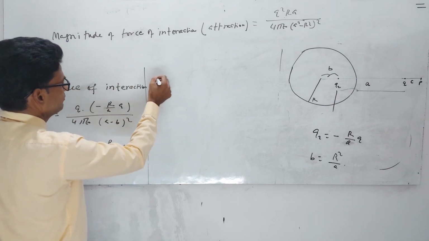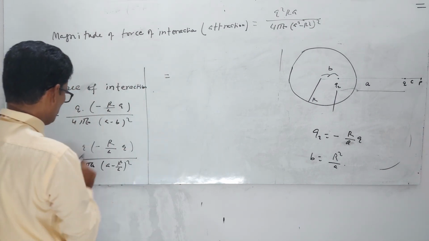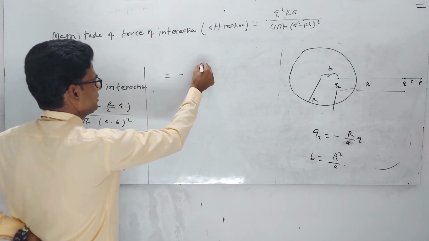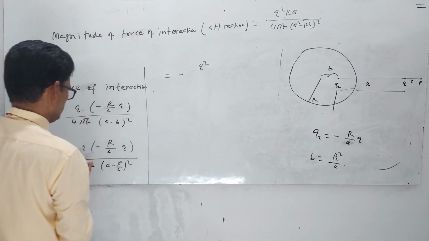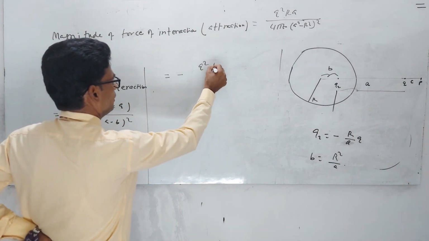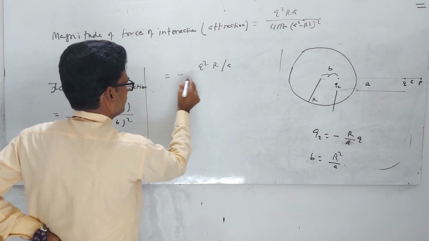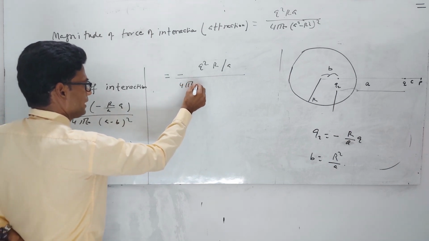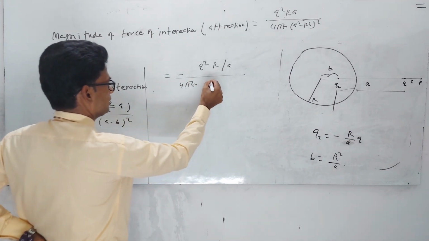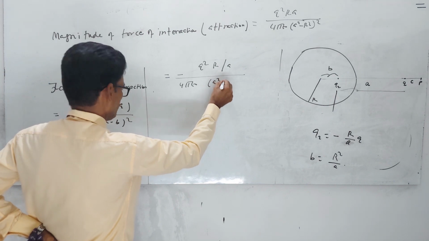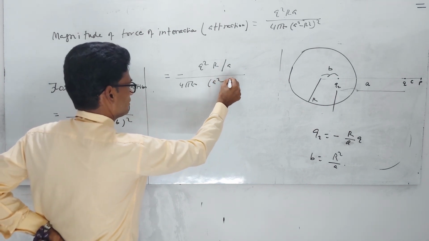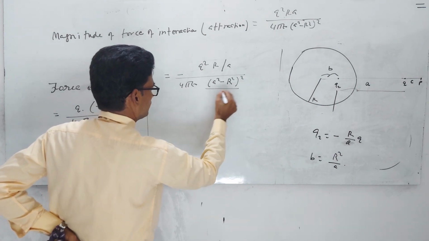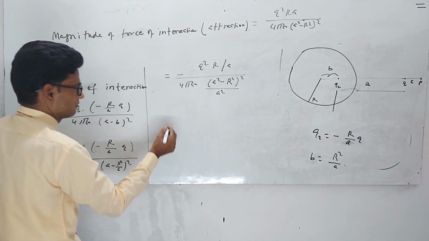The force of interaction comes out to be minus Q square R over A, whole over 4 pi epsilon naught, A square minus R square whole square over A square.